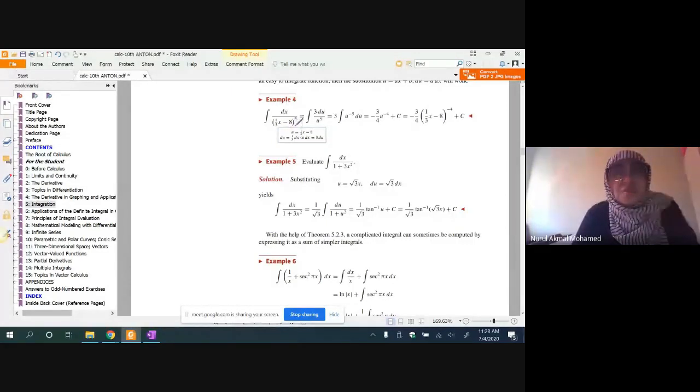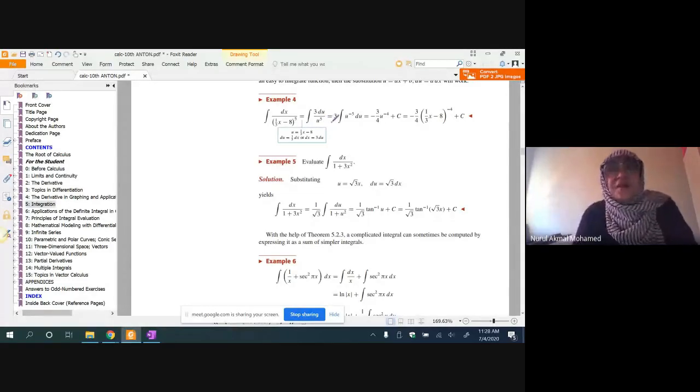If you differentiate u with respect to x, you will get 1 over 3 dx. Then you make dx the subject, you get dx is equal to 3 du. So that's why you get 3 du here. And the denominator will be u to the power of 5.